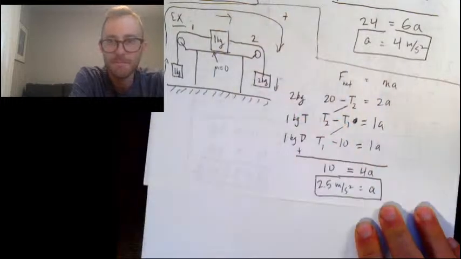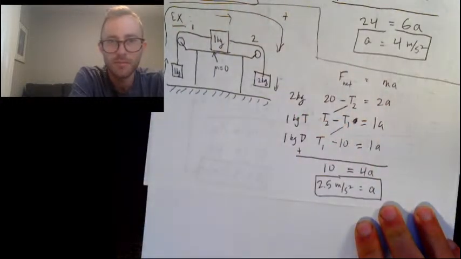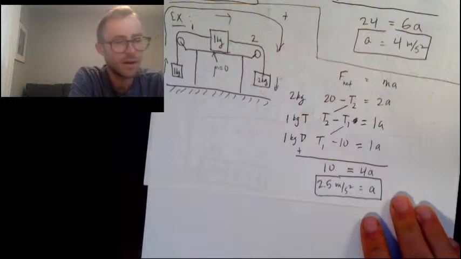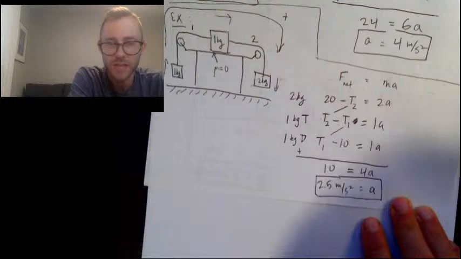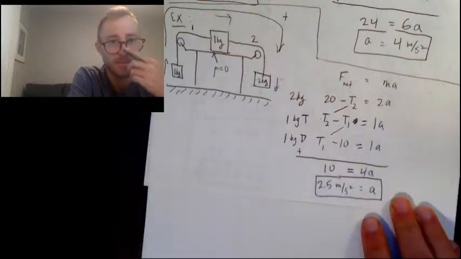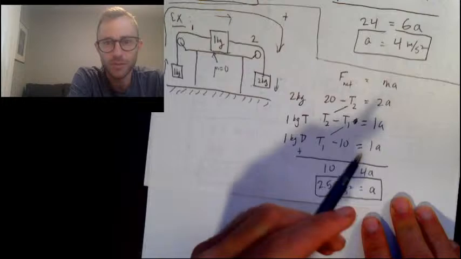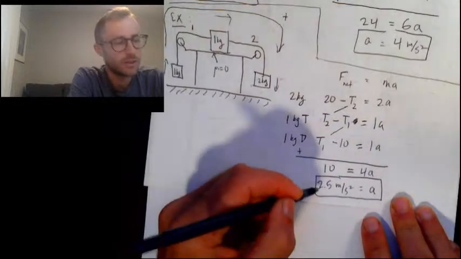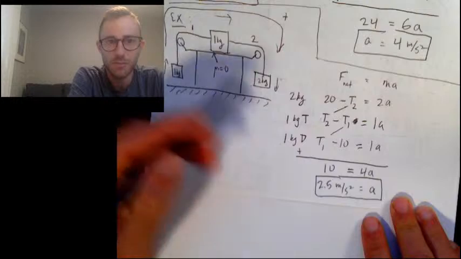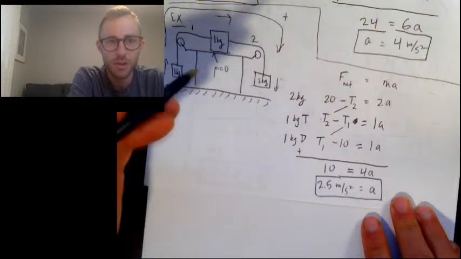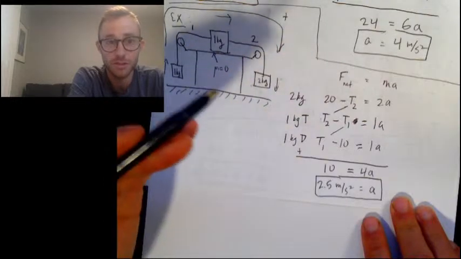Now I will get the tension in each rope. While we're solving this, I always like to do little sanity checks to make sure the answer makes sense. A great example is that the acceleration is always going to be smaller than gravity in this type of problem, because gravity is the thing driving the acceleration.